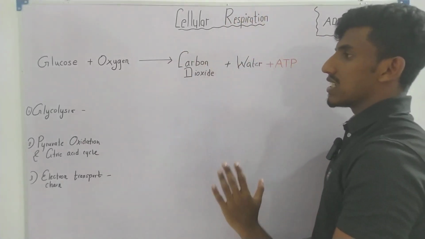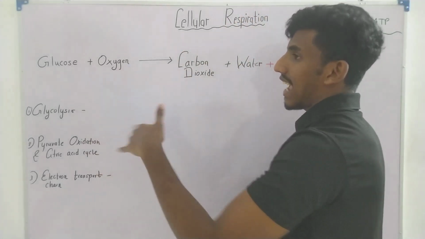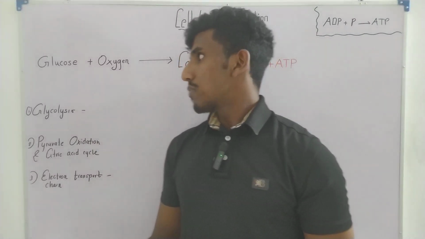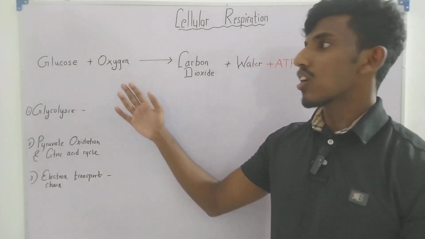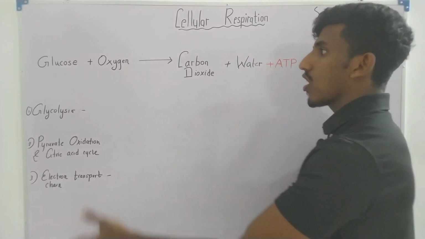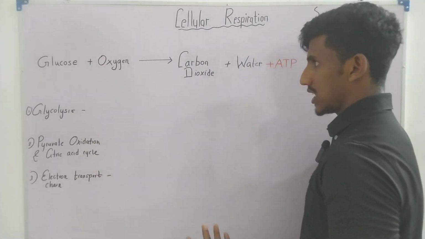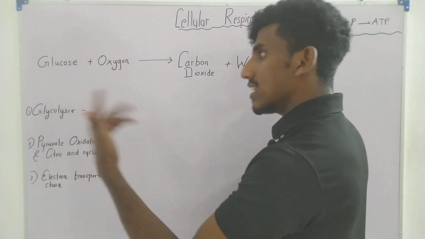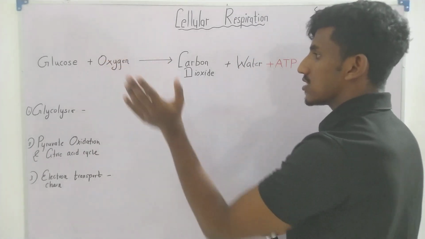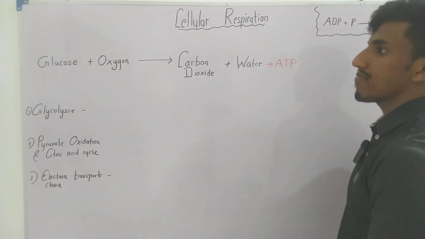Now cellular respiration can occur with and without oxygen. If cellular respiration takes place in the presence of oxygen, we call it aerobic respiration, and if there is no oxygen present, we call it anaerobic respiration. But today in this video, we will be going through the process of aerobic respiration in the presence of oxygen.